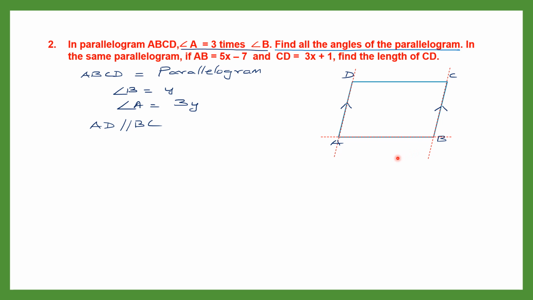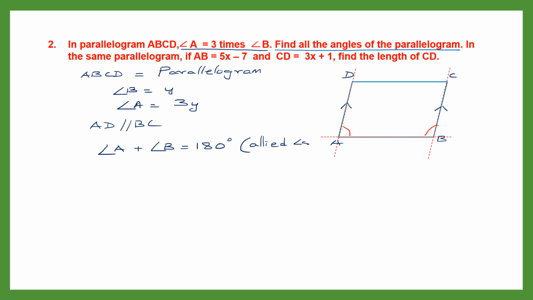Now we're going to use the properties of parallel lines cut by a transversal, and according to that, angle A, that is this angle, plus angle B will be co-interior angles, and we know that co-interior angles are supplementary. That means angle A plus angle B should be 180 degrees, because they are co-interior or allied angles.